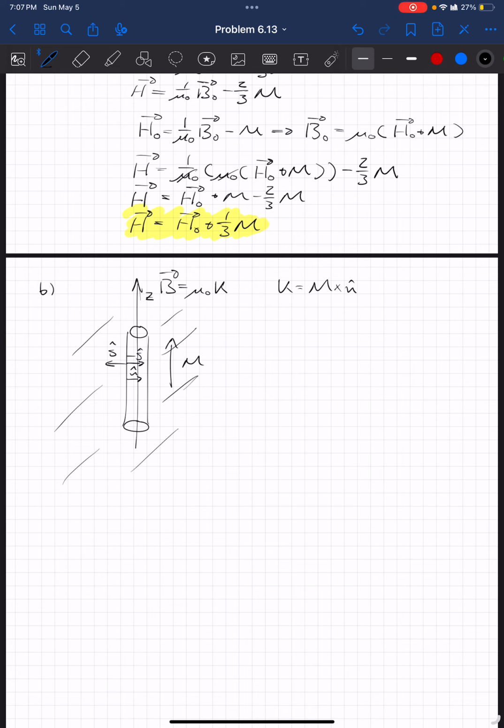So when we solve for K, we'll find that M, which is in the Z hat direction, is crossed by negative S hat direction, which Z cross negative S hat is equal to negative phi hat. So K ends up equal to M times negative phi hat. So K is traveling around our cavity like this.